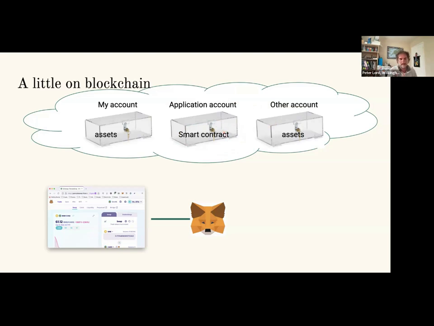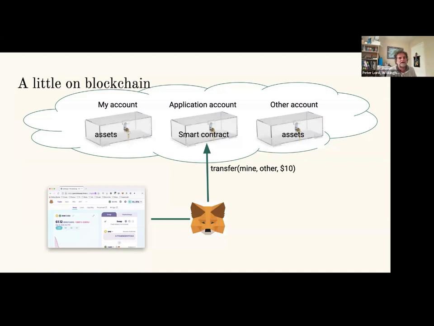So let's say your application is a financial application, and you want to transfer some assets from your account to some other account. The way these applications would typically work is the wallet would first unlock your account. It would then invoke code on this smart contract, let's call it transfer from my account to some other account, and how much assets to transfer.